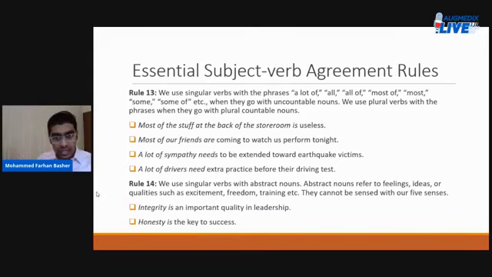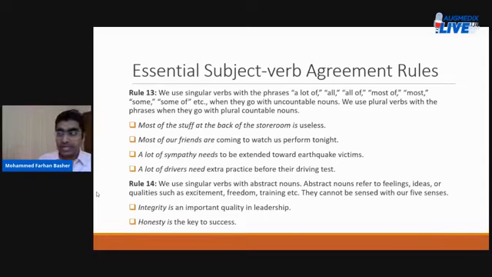So since the word is an uncountable noun and we have the phrase most of with it, together it is an uncountable, a singular subject. Therefore, we have put the verb is with it, which is a singular verb. Because with singular subject, we go with singular verb. So we say most of the stuff at the back of the storeroom is useless.